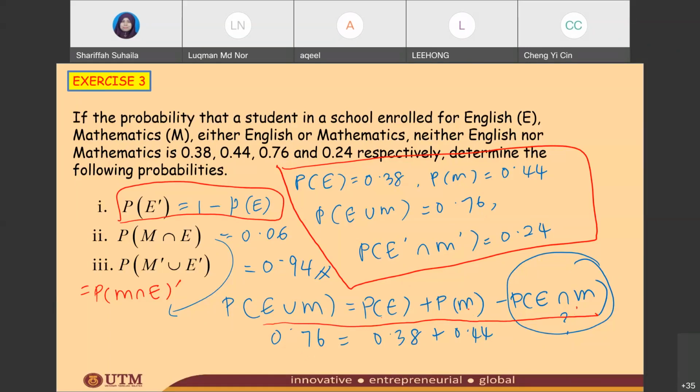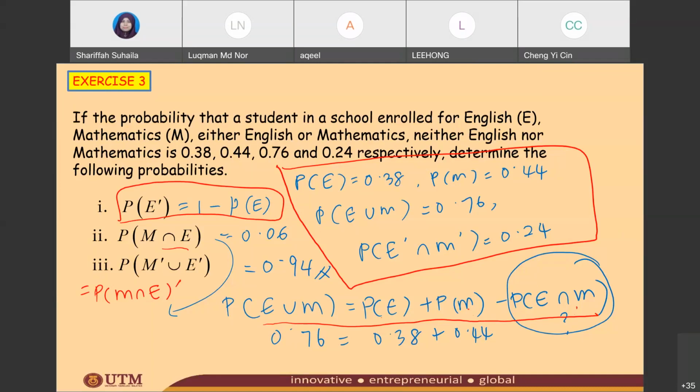Okay, that is part 2 question number 2: M intersect E, where we just use the additive rule of probability. Now the third one. Previously we had M prime intersect E prime; now this is M prime union E prime. If you're not sure, you can draw your Venn diagram to see where the region is.